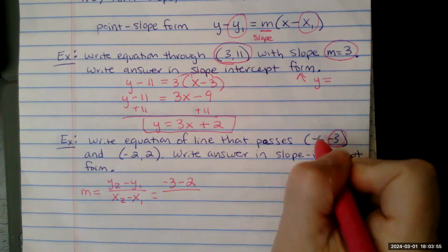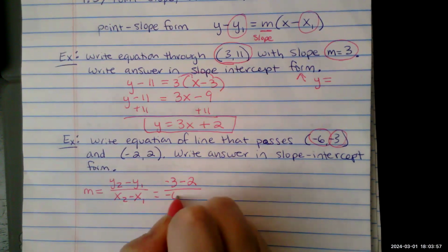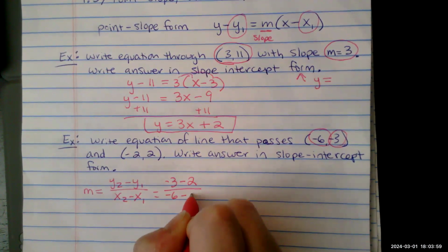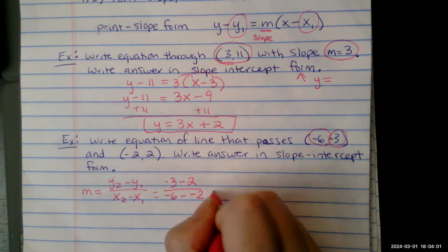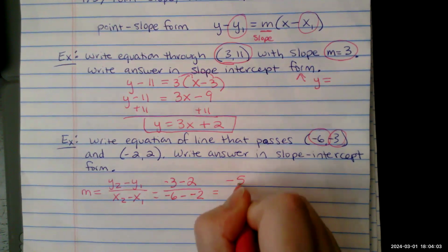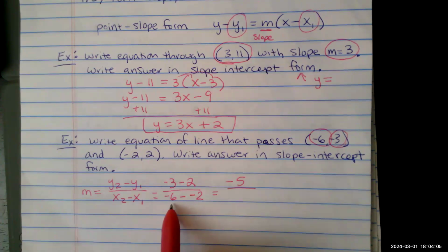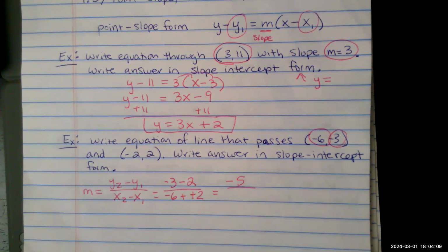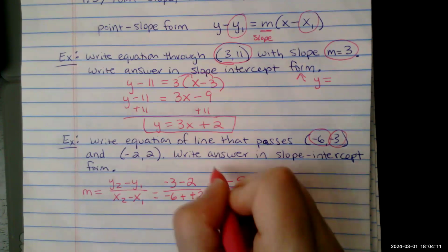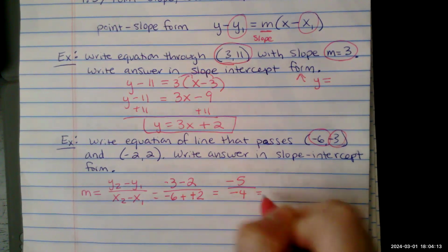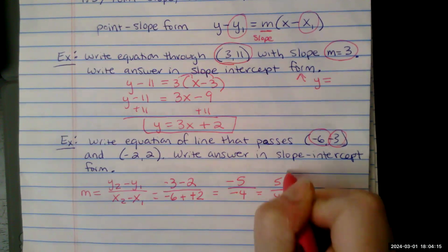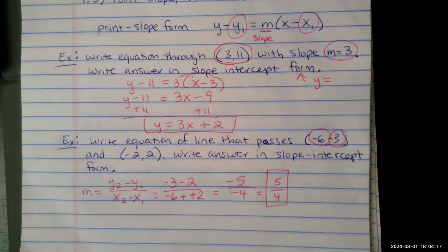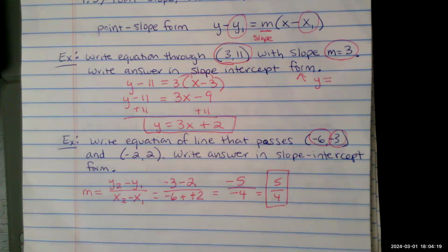So I have to start with the -6. Okay, -3 minus 2 is -5. Be careful down here because it was -6 minus -2, so that really turns into plus, and that gives me -4. And remember, a negative over a negative is always a positive. So that is my slope.